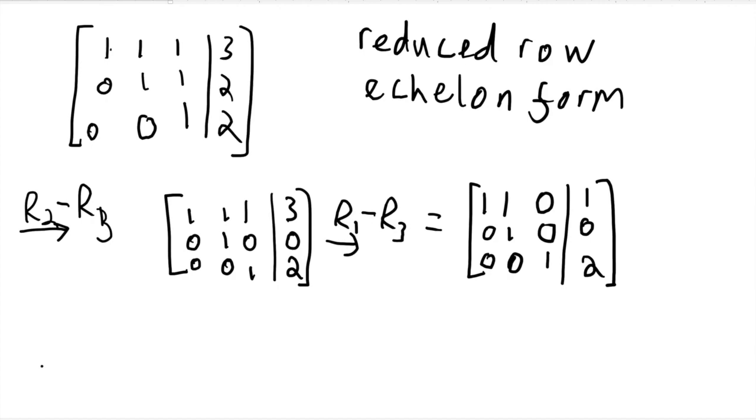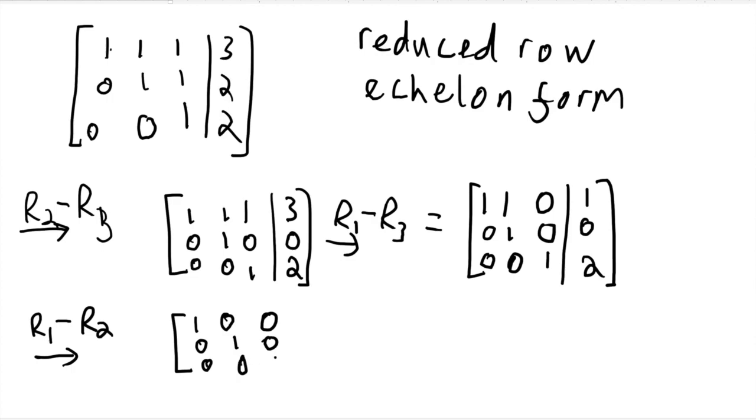And kind of similar in a way to Gaussian elimination, we can now ignore the third row and focus on the second row. And now what we want to do is get rid of this 1 here, because that is above the leading 1 in the second column. And so again, if we just do row 1 minus row 2, we will get 1, 0, 0, 0, 1, 0, 0, 0, 1.